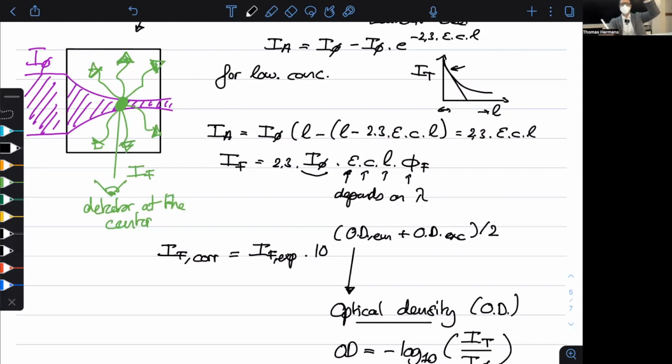So you will get a very non-homogeneous illumination of your sample here. And then when the sample emits, it has to go through half of the cuvette to go out. So if the concentration is too high, your emitted light will be reabsorbed by your dye, your chromophore, fluorophore, and that will actually be a problem.